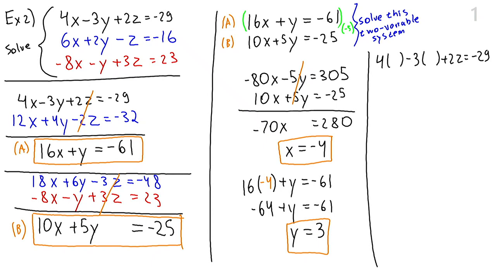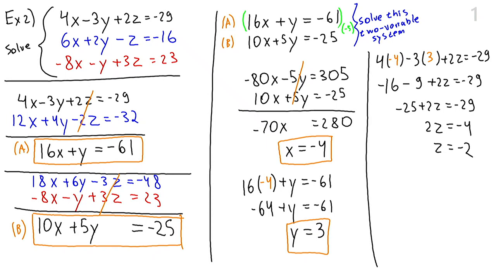So x is -4 and y is 3. So this becomes -16 minus 9 plus 2z equals -29, which is -25 plus 2z equals -29, which is 2z equals -4, and z equals -2.